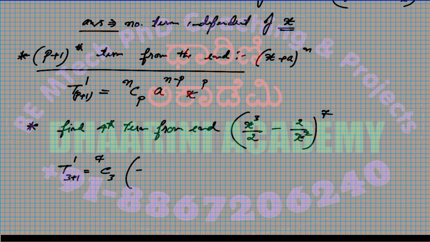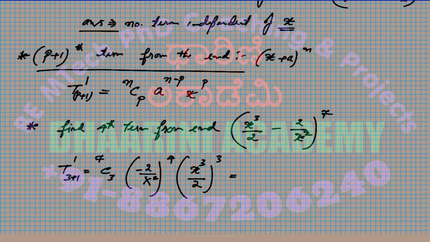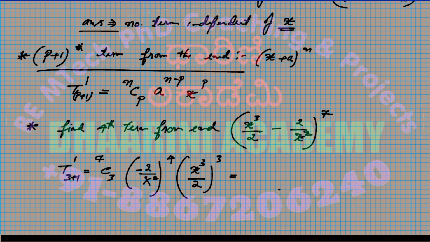So a is equal to minus 2 by x square to the power n minus p, so 7 minus 3 is equal to 4, into the first term, that is x cube by 2, to the power p, that is equal to 3. So this gives you an answer equal to 70.